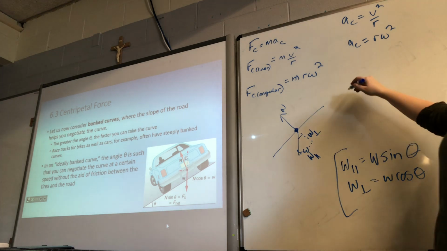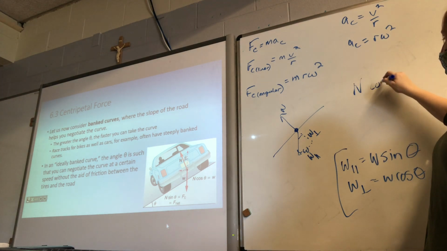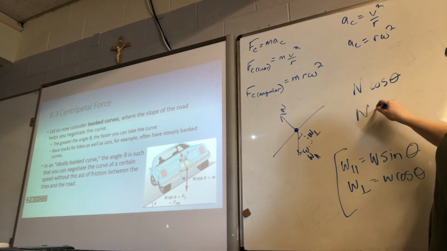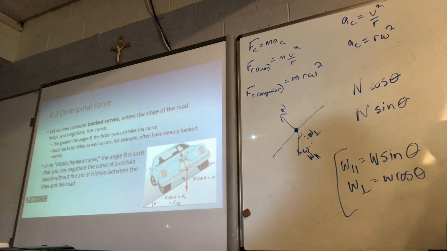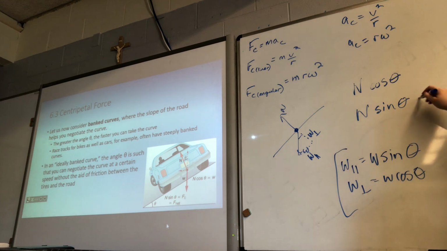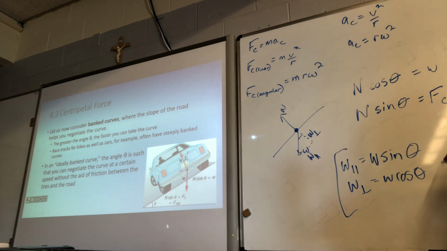They choose, for some reason, to move to here to tell you it doesn't matter what you choose. What matters is that you realize that the perpendicular direction, the one that goes up and down, is going to equal FC.